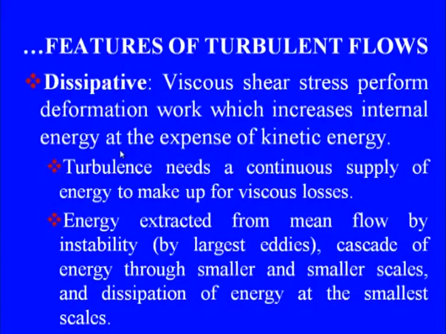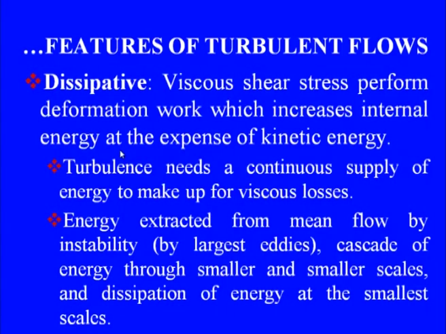and to maintain the basic features of this random flow, turbulence needs a continuous supply of energy to make up for the viscous losses, the energy which is being lost at what we call the dissipation scale by action of molecular viscosity. And from where do we get this energy?